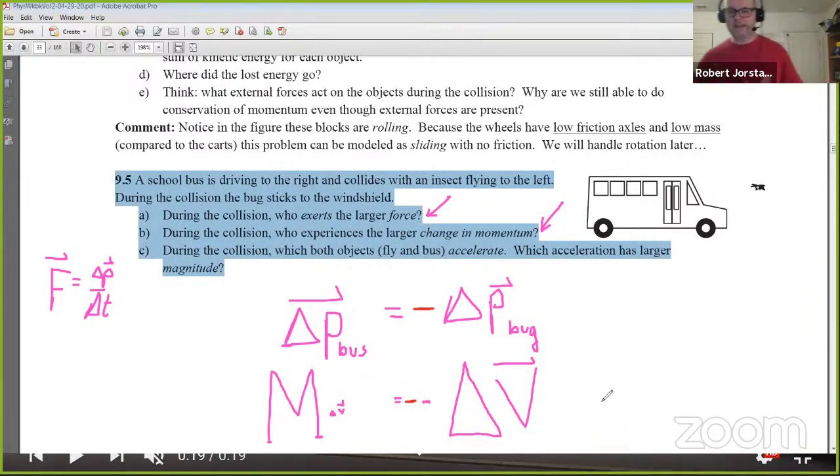So it's not that the bug isn't affected more, but when you look at momentum, momentum is defined as mass times velocity. So changes in velocity versus changes in momentum are very different statements. And that's probably what you were thinking of. I don't know. Did that address that one, whoever that was? Is that good? Yeah. All right, cool.